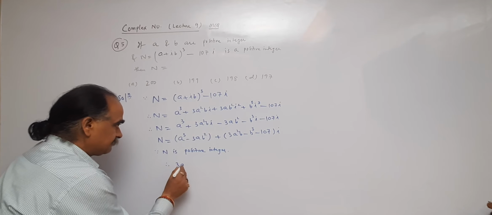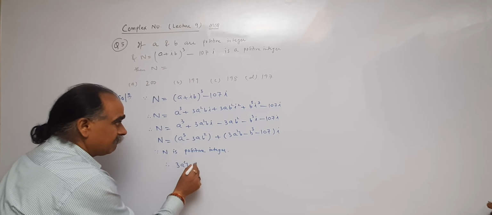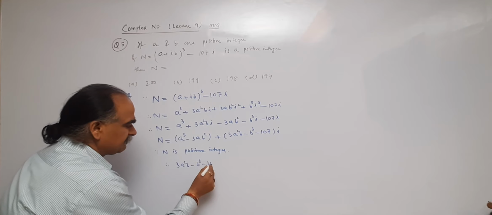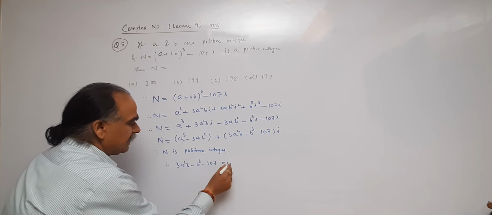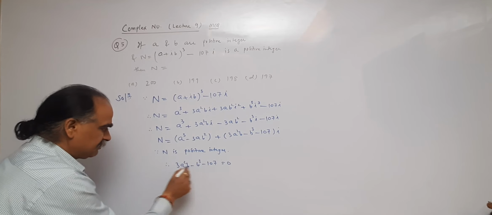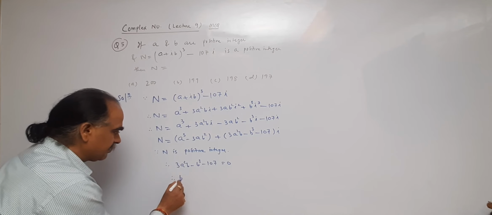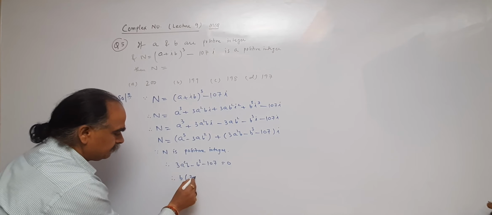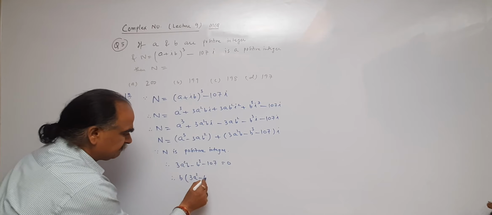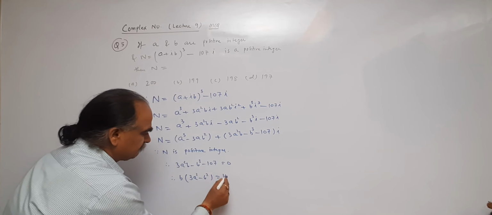So 3a square b minus b cube minus 107 has to be 0. Between these, take b common: b times (3a square minus b square) is equal to 107.